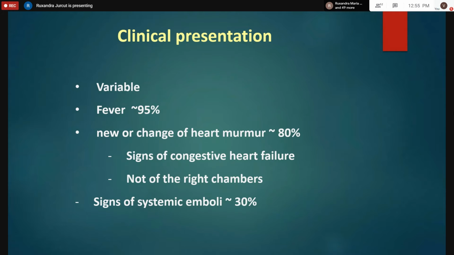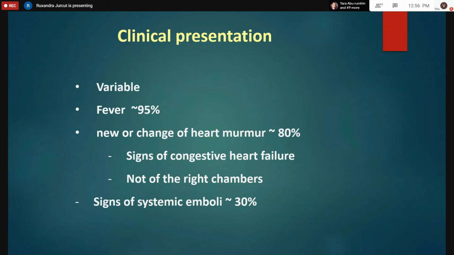And as I was saying, the vegetations are quite frail and sometimes they can embolize. And you see here that up to 30% of them get to embolize and to send fragments in the periphery. And then you would get, in the clinical picture, the signs of embolus. For example, if the patient has an embolization to the brain, the signs would be signs of stroke.